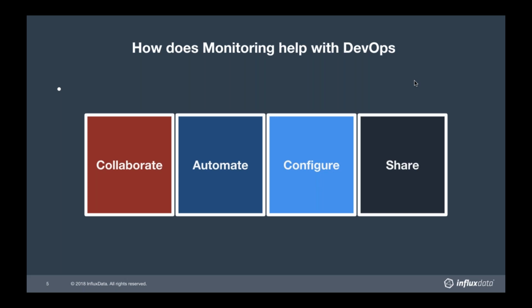But the thing that's nice is monitoring actually helps to make that get into your culture, because you wouldn't be able to even do the four things that Eric articulated on this slide of collaboration, automation, configuration, and sharing if you weren't monitoring. So I'm starting to realize, listening to Eric, that monitoring is really central to making sure that DevOps can work in an environment.